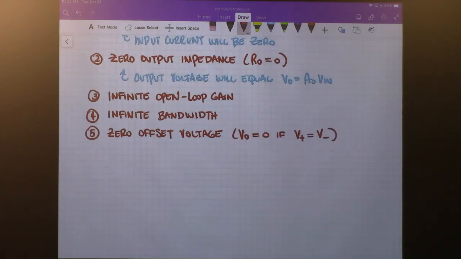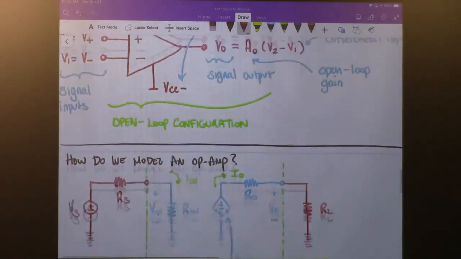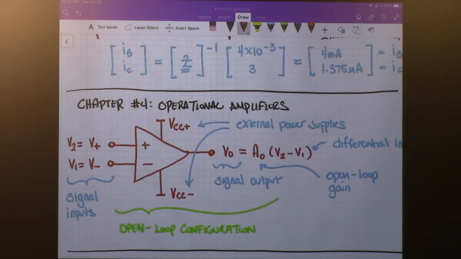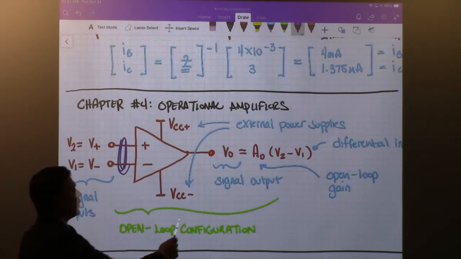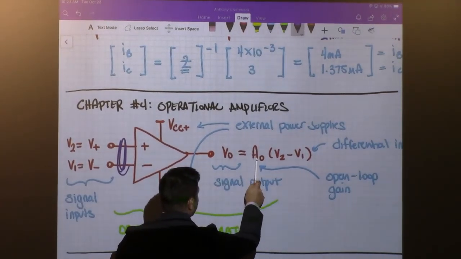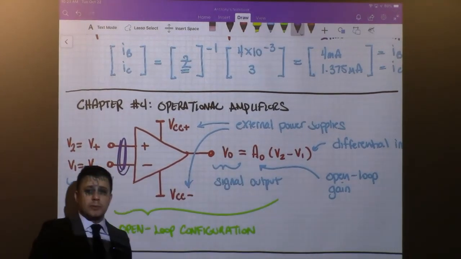Zero offset voltage, what that means is that if we look at this amp up here, and I were to take the two terminals here and tie them together, the output should be equal to 0, right? V out is equal to, regardless of what this value is, even if it's infinite, V2 minus V1, if they're the same, it's equal to 0.